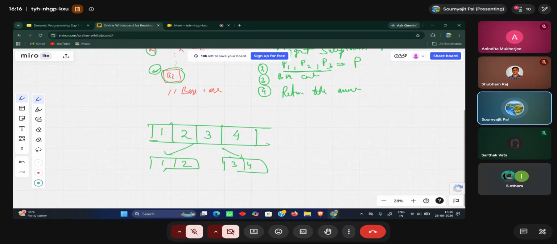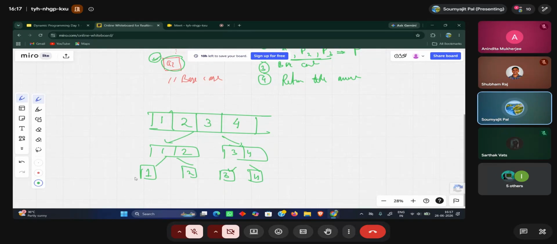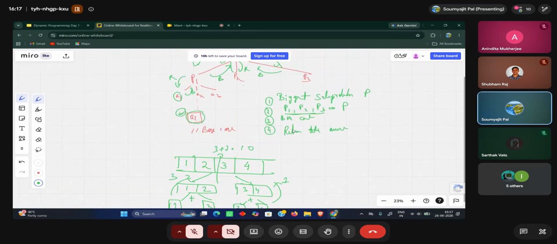Again, we divide this into 1 and 2. And these are my base cases, because the sum of an array of one element is basically the element itself. So I was returning 3 here. Then here 3 plus 4 is 7. And altogether we return here 3 plus 7 equal to 10. So it was very easy.